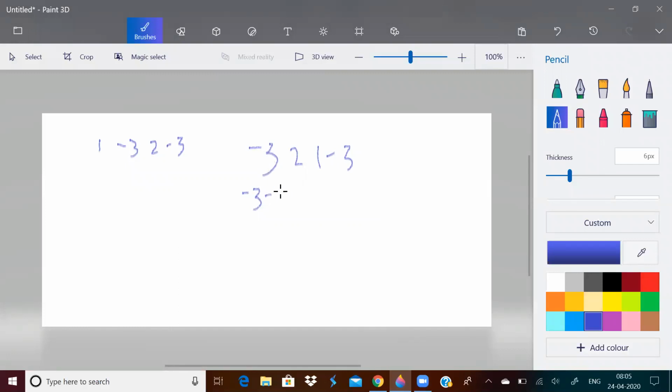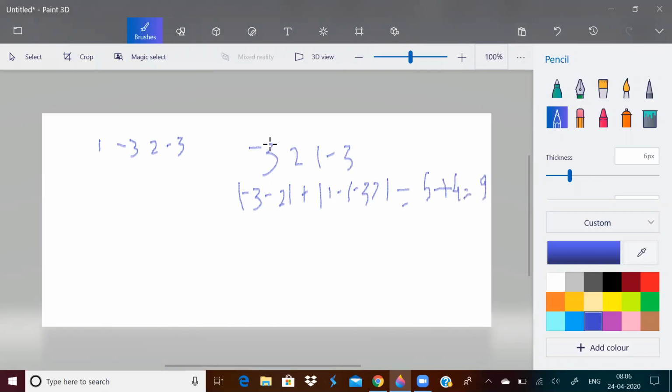It is calculated in this manner. Mod of A1 minus A2, plus mod of A3 minus A4, which essentially becomes 5 plus 4, which is 9.